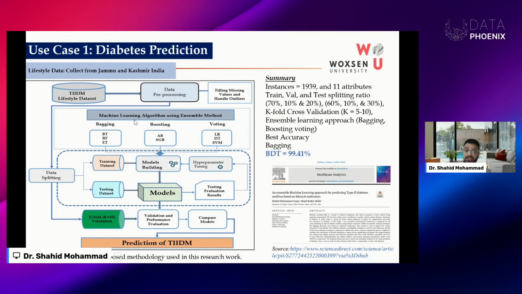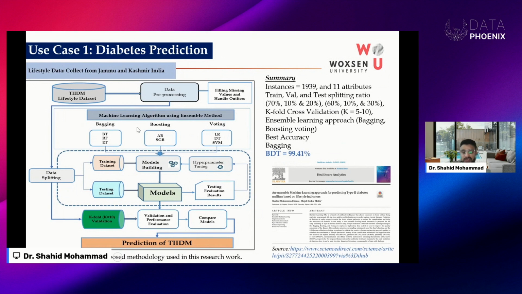Then we applied machine learning algorithms using the ensemble approach. The ensemble approach is simply when we combine more than one basic machine learning algorithm, we call it an ensemble method. For ensemble techniques, we applied bagging, boosting, and voting.